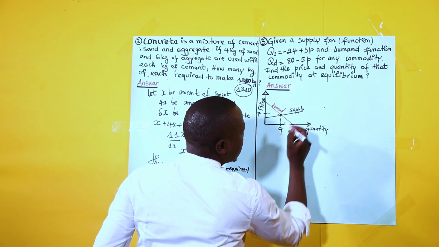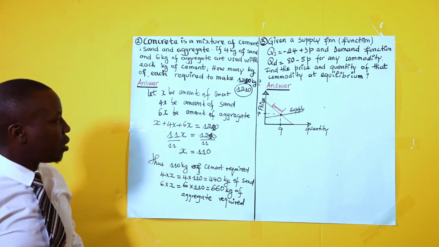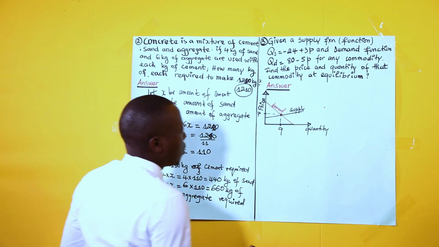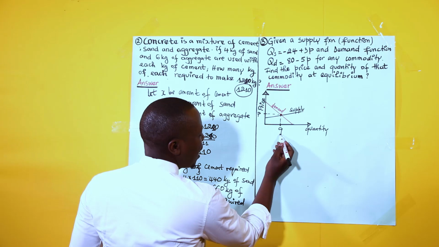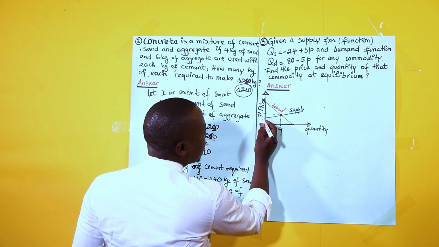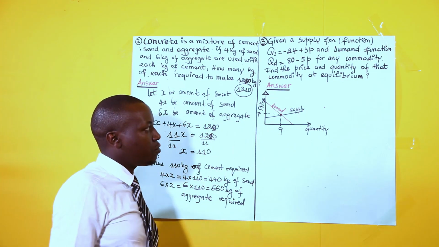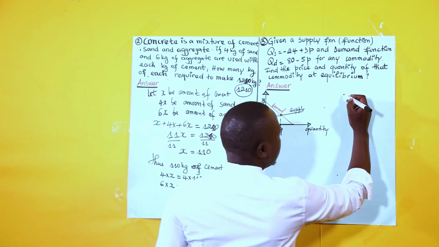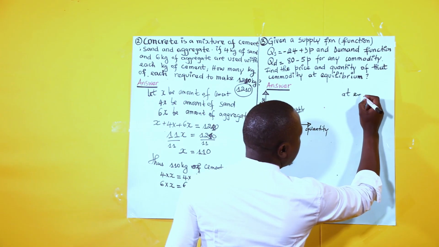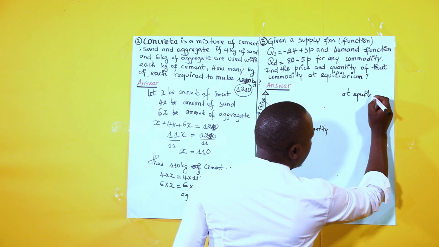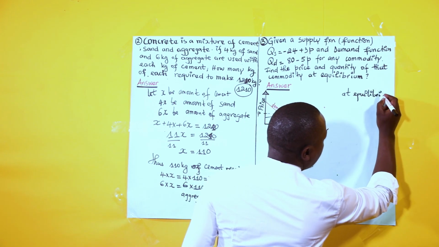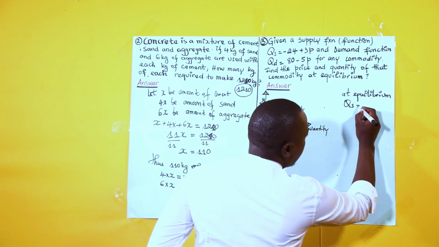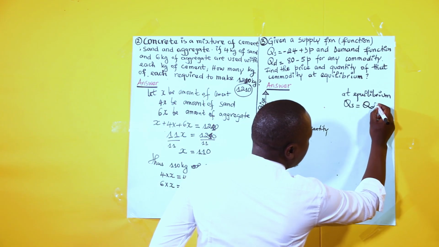This is the quantity at equilibrium, and this is the price at equilibrium. This is what we are looking for. At equilibrium, quantity supply equals quantity demand.